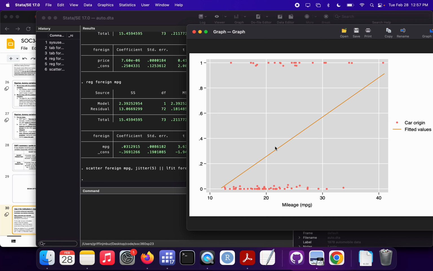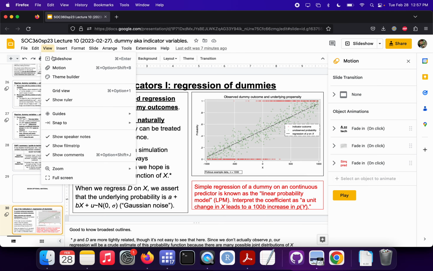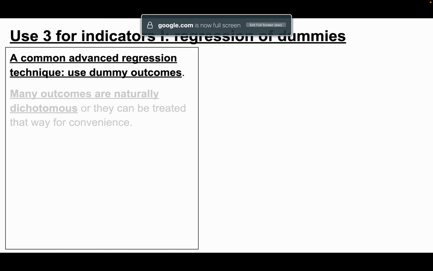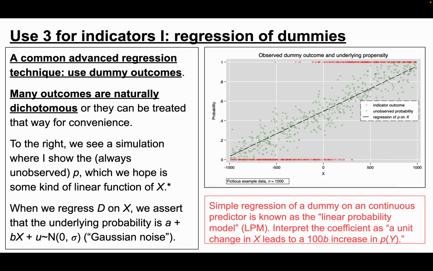So this analysis is really nonsensical unless you think of it as modeling some kind of underlying propensity or probability. And indeed, that's what's happening here, except I've gone ahead and illustrated with this faked set of data a funny case where we would actually somehow know the underlying unobserved probability.